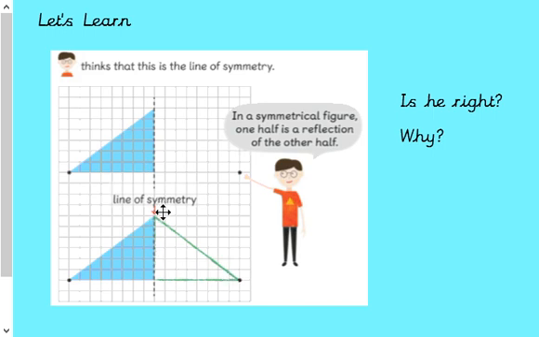Now, the only thing he needs to be careful of here is that he needs to have the same amount of squares counted out. So we've got 1, 2, 3, 4, 5, 6, 7, 8. We would need to count 8 squares along here and make our dot, and then we could join our shape up. So this is one way that we could reflect it across a vertical line.